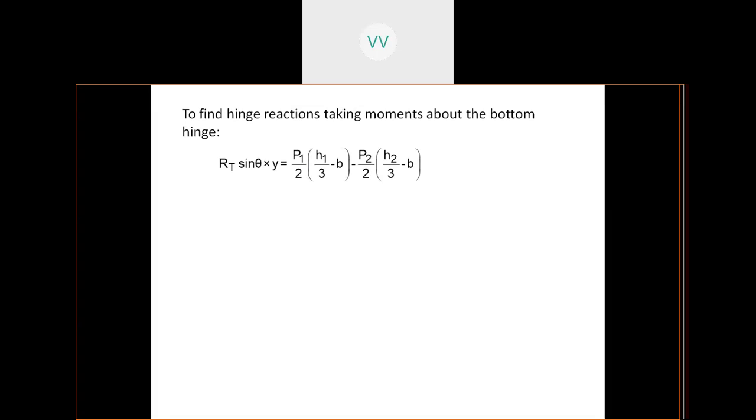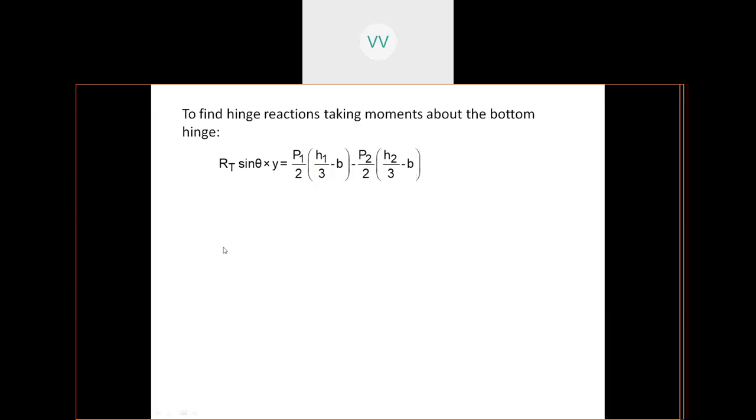So we have to take the average pressure. That is, you have to remove the top hinge distance, minus P2 by 2 into bracket open H2 by 3 minus small b, close the bracket.